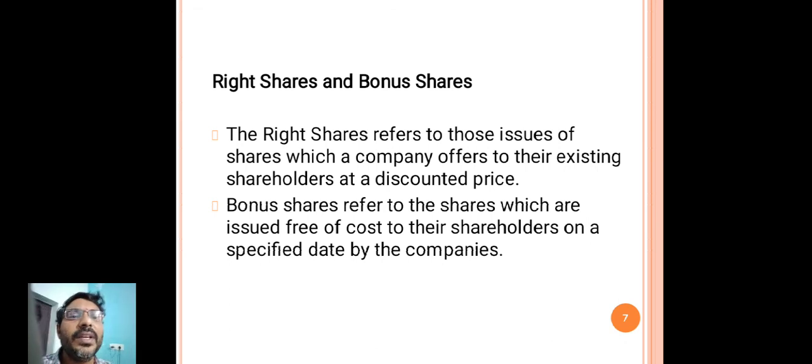And bonus shares refer to the shares which are issued free of cost to their shareholders on a specified date by the companies.